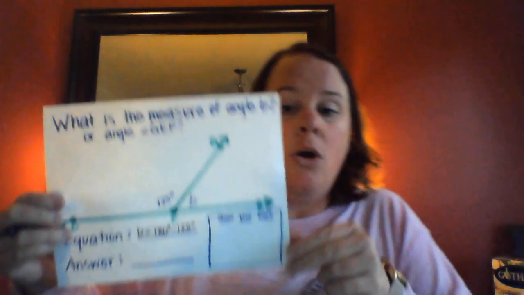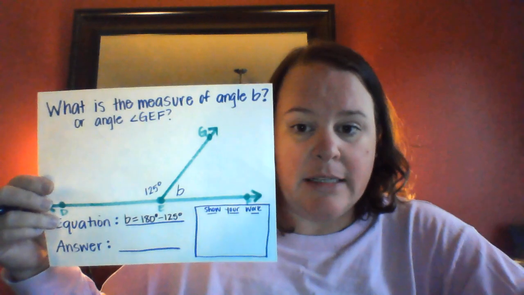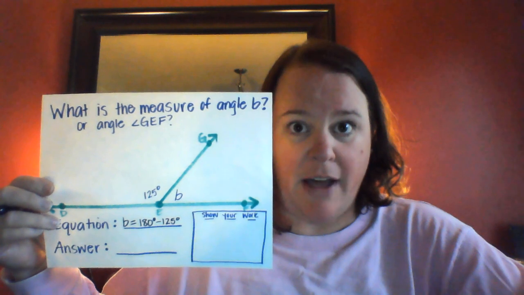B equals 180 degrees subtract 125 degrees. I'm going to show my work. You do this work on your math sheet, your scrap paper, or in your journal right now. So we're going to do 180 degrees minus 125 degrees.